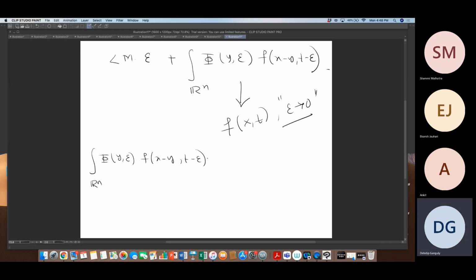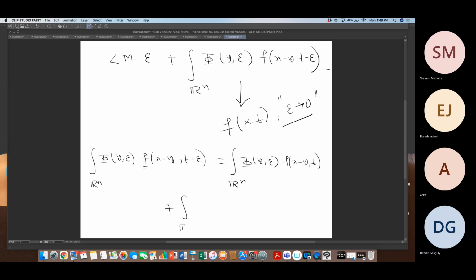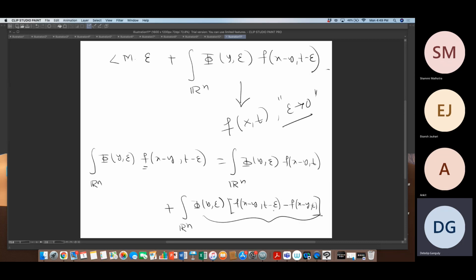You just remember that f is continuous, right? As epsilon goes to 0, f is with compact support, this will go to 0.